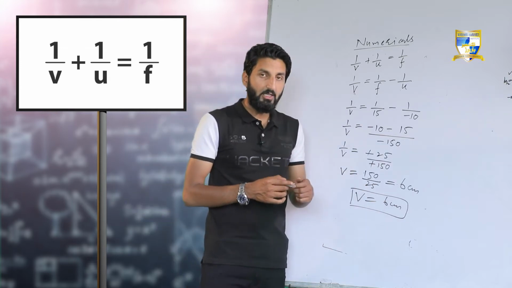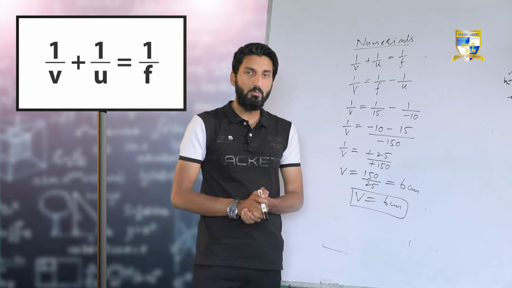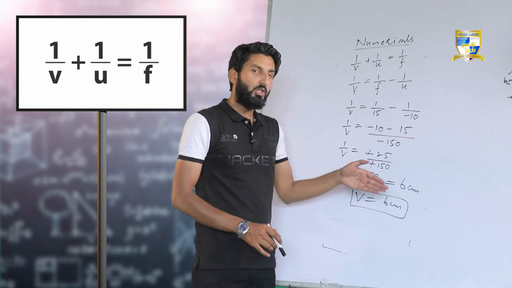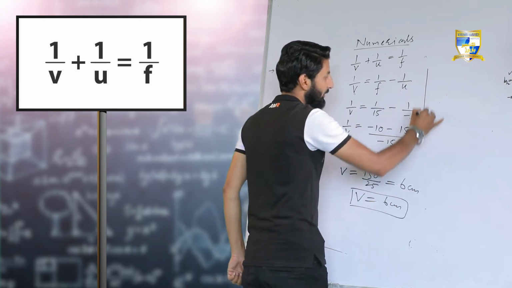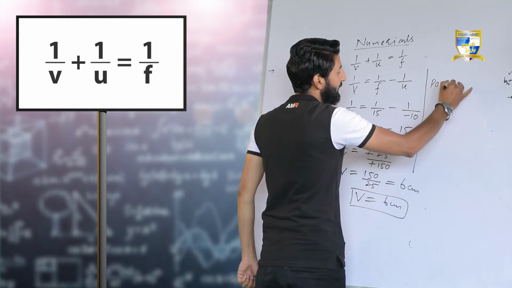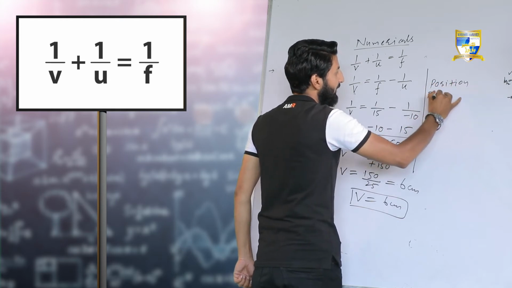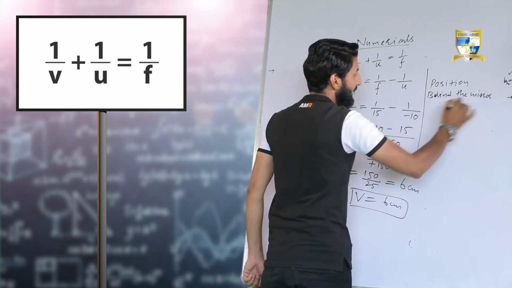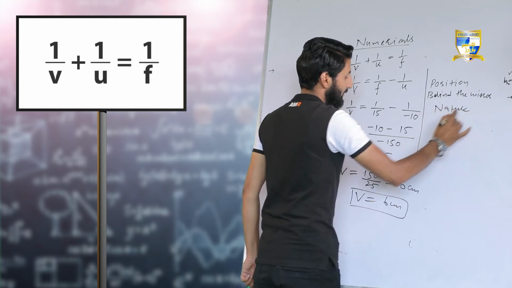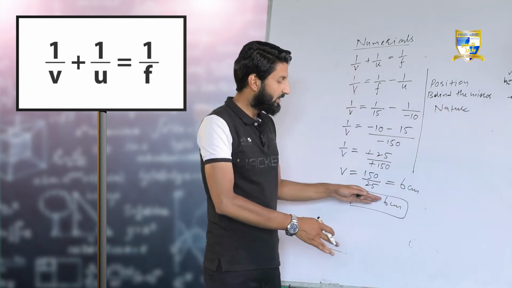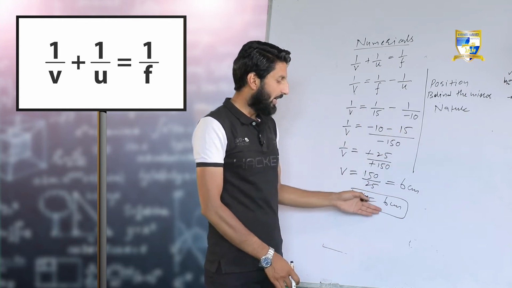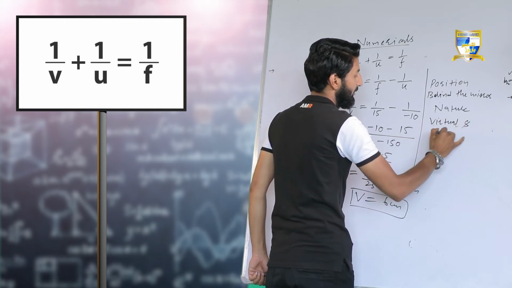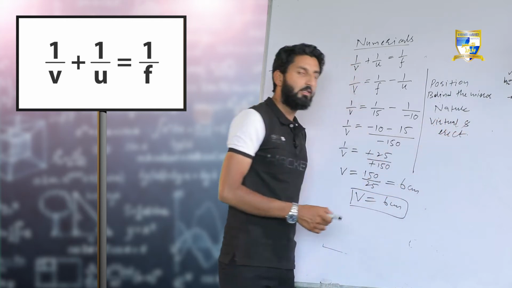As I have discussed earlier, if the value of image distance comes out to be positive, the position of image is behind the mirror and its nature is virtual and erect, as per the assumptions and sign conventions.